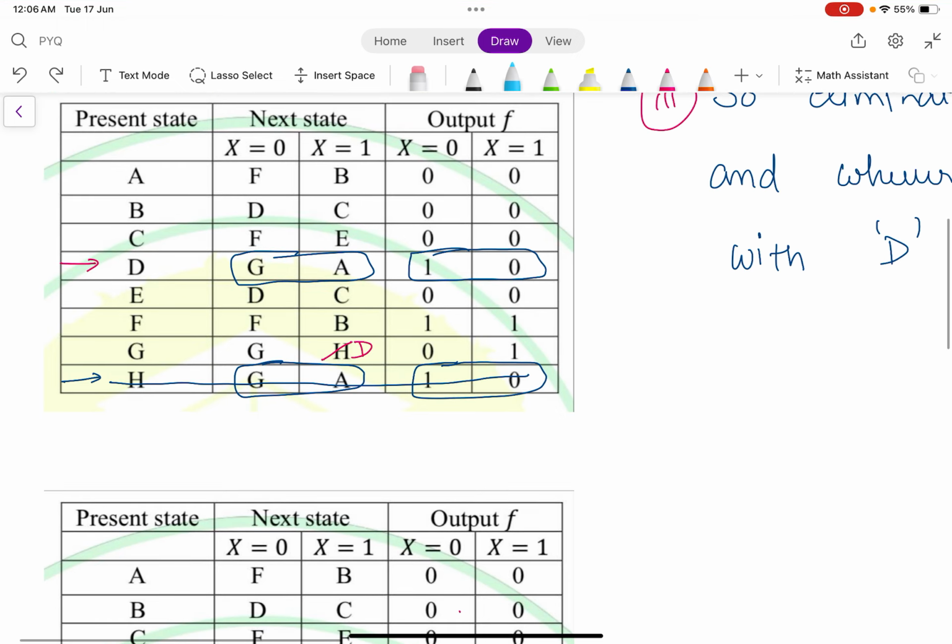Now if you go for DC, this state and this state, DC, are similar. So you have to now check for output, are those similar? 0 0, yes, and 0 0. Now you have to eliminate this state and write B wherever E is present.